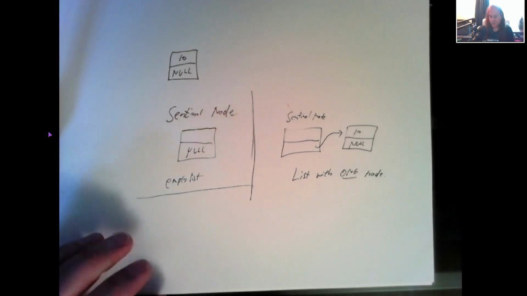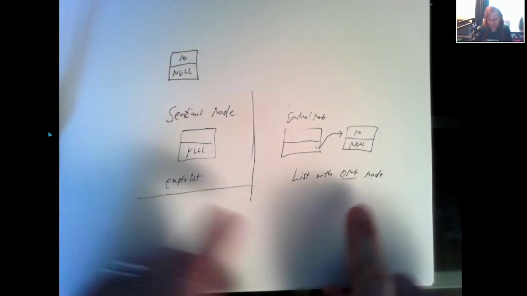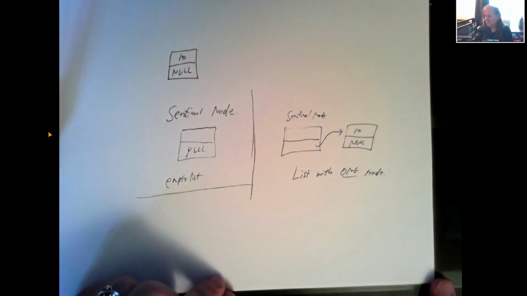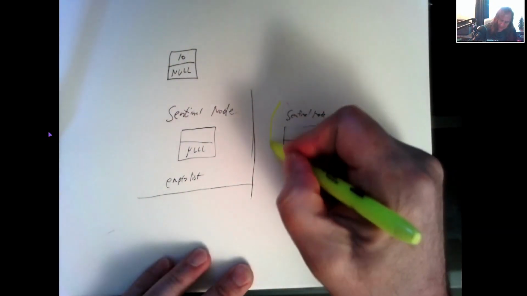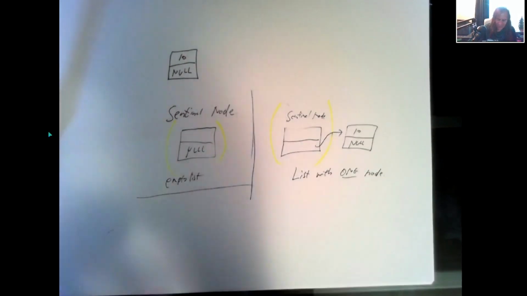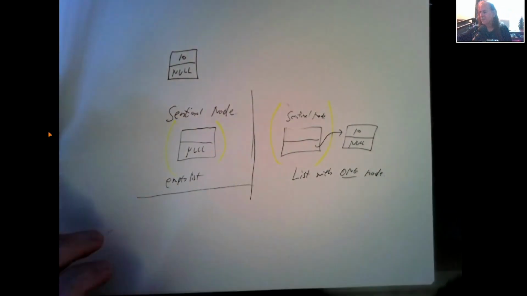And this is confusing, right? I've said this is an empty list, but there's a node there. I've said this is a list with one node, but it looks like there are two nodes there. So what's going on? This sentinel node is not considered part of the list. It always exists; it is the handle to the list.